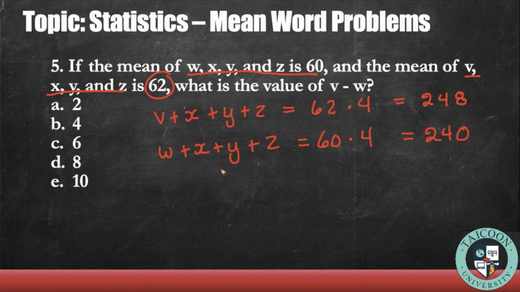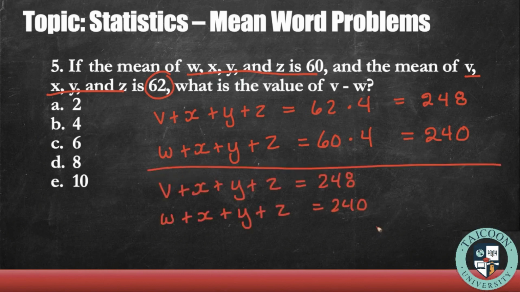So let's rewrite these equations again. Now that we have the equations rewritten, guess what? We can actually subtract these 2 equations. I hope you knew that that was possible. We can subtract the top equation by the bottom equation.